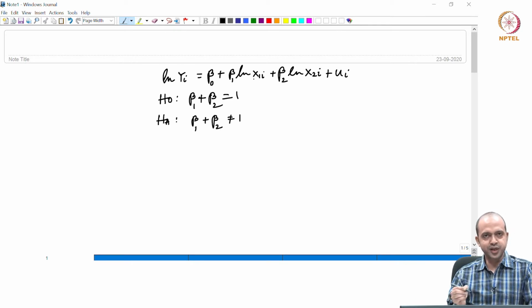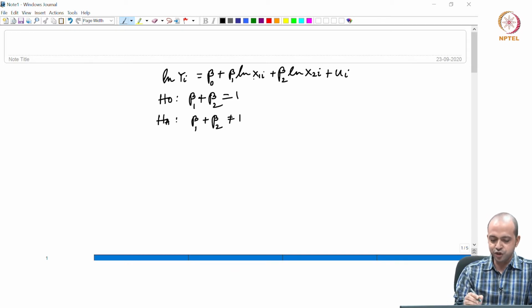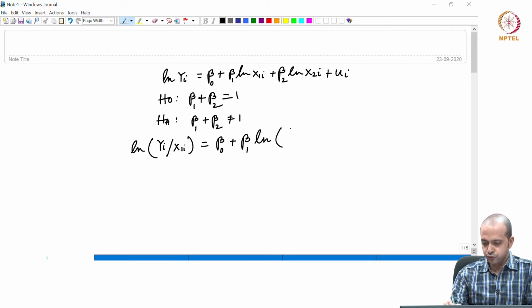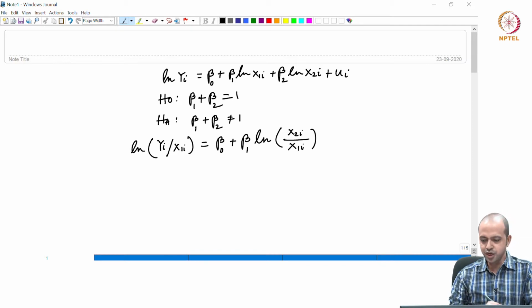As we discussed yesterday, we will get two versions of the restricted model from this original production function, but for economists, the more appealing version is this, where log of output by labor, which is x1, equals beta 0 plus, let us say, beta 1 log of x2 divided by x1, the capital labor ratio, plus ui.